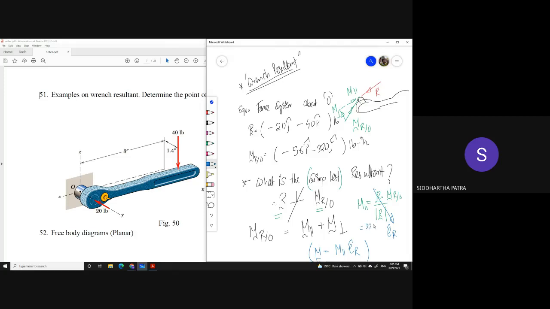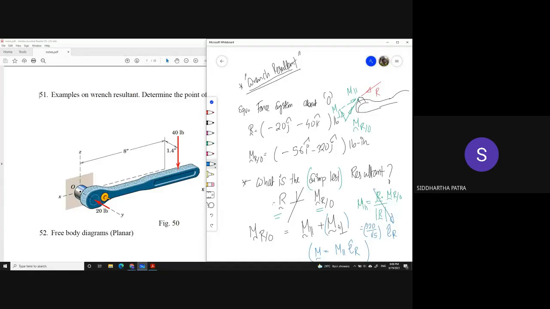Is it 320 by root 5? Yes, sir. 143.10. So 320 by root 5, right? Sir, yes. Okay. So now I would like to also find out the M perpendicular.